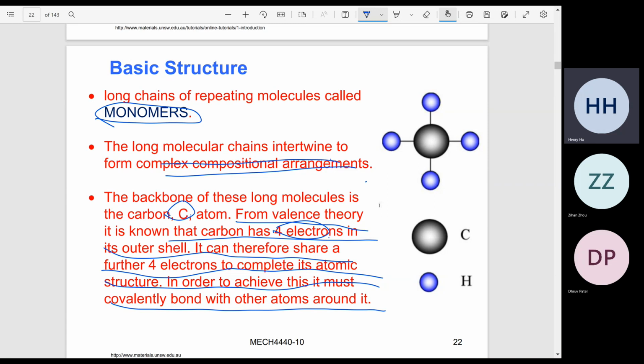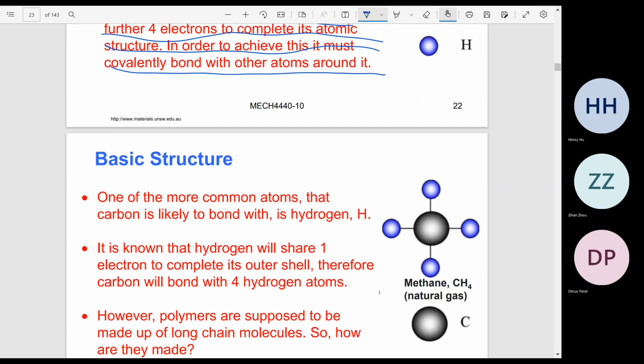We're going to talk more about the bonding structure later on. And then form a structure, which is needed to establish polymer material.